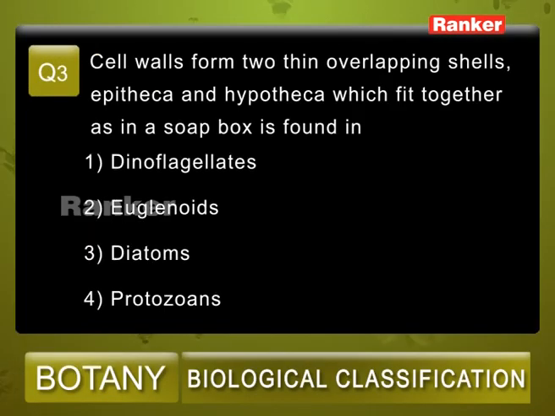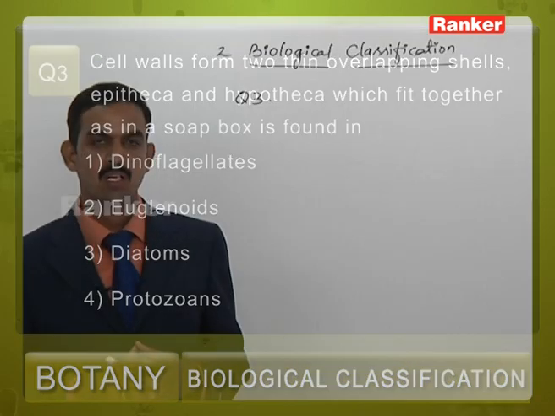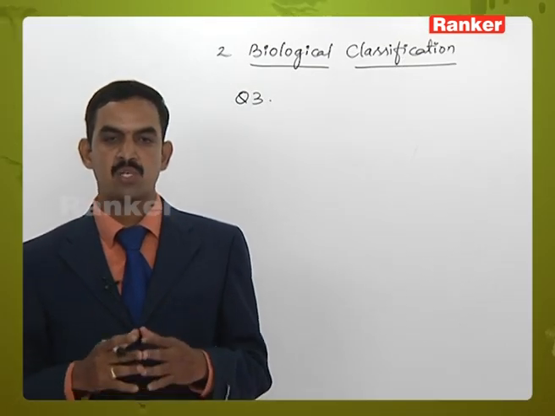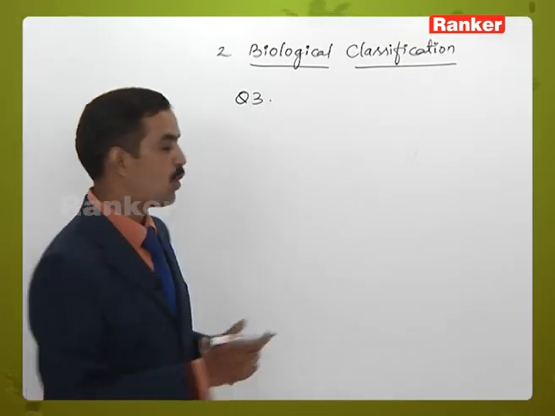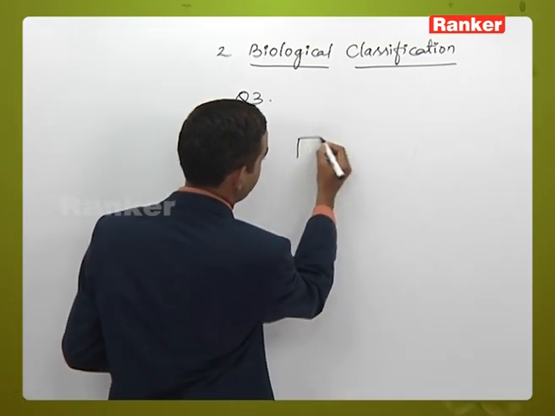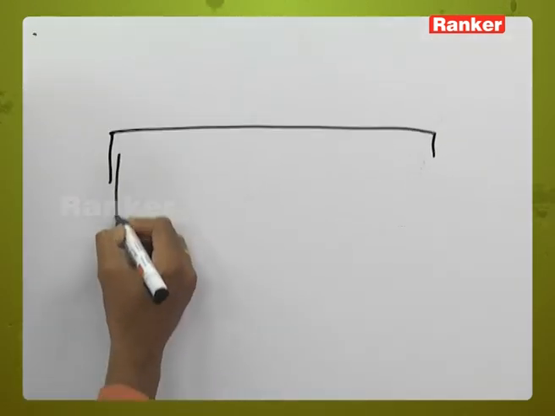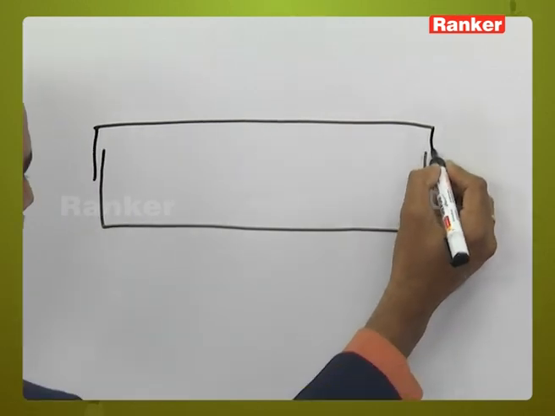Question number 3. Cell walls form 2 thin overlapping shells, epitheca and hypotheca, which fit together as in a soap box, is found in. The given options are: first one dinoflagellates, second one euglenoids, third one diatoms, fourth one protozoans. Here in the question, they have said that 2 overlapping structures are present, the upper one and the lower one.